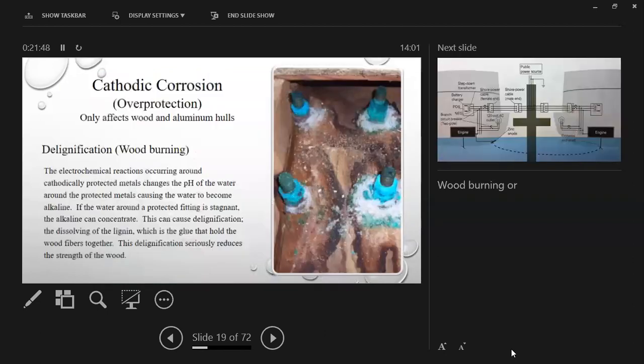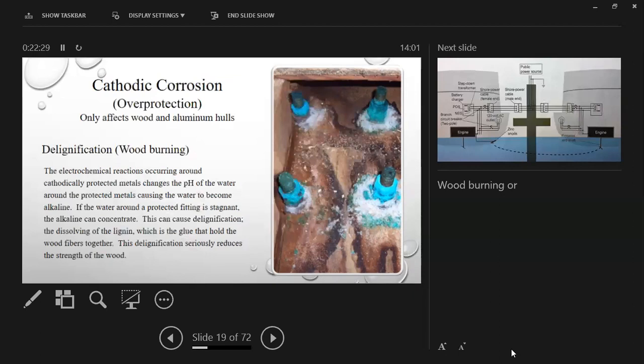Here's another place where galvanic corrosion can be aggravated tremendously by shore power connection. Cathodic corrosion or overprotection, where you're driving the cell or you've got such a voltage differential that, remember I said on the cathode, the negative ions are jumping off the cathode as they're being replaced by new ions. Those ions combine with hydroxides in the water, creating hydrogen, which can affect the alkalinity, the pH of the water.